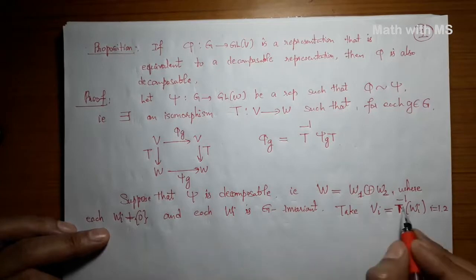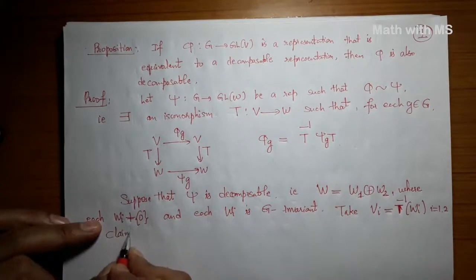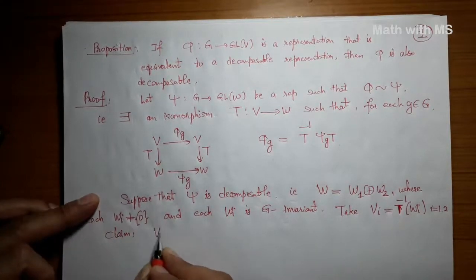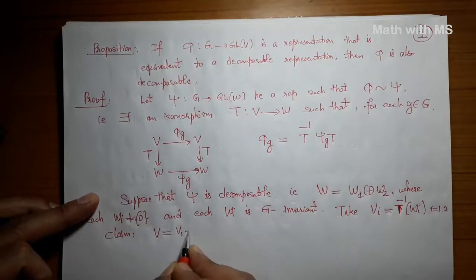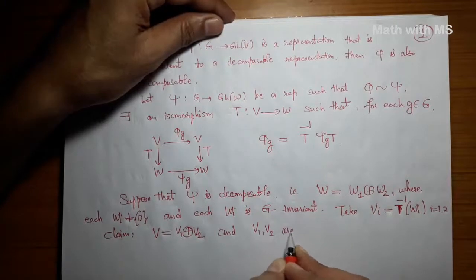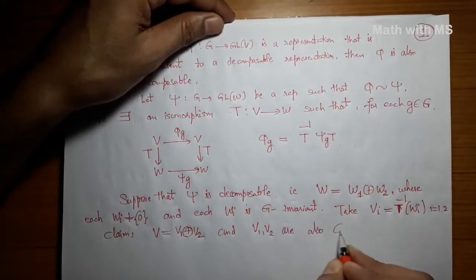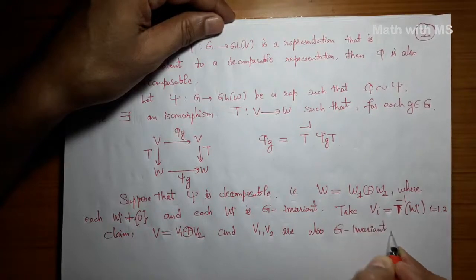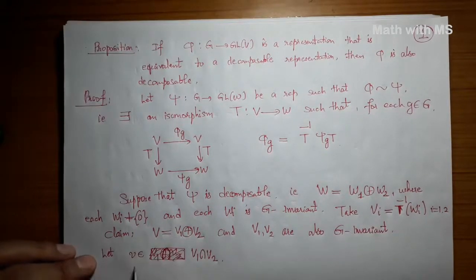And my claim is that V can be written as V1 direct sum V2, and V1, V2 are also G invariant. Okay. So let v belong to V1 intersection V2.